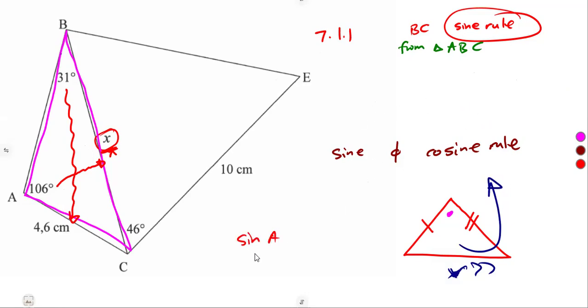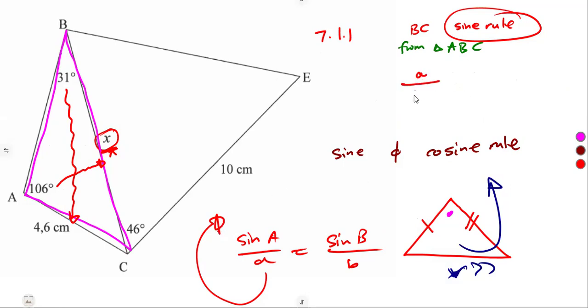You are used to sine A over a is equal to sine B over b, but if you are to calculate the side, you can have a over sine A is equal to b over sine B, which is equal to c over sine C. Do not worry about the other part. What is important, guys? The side over the sine of the corresponding angle.